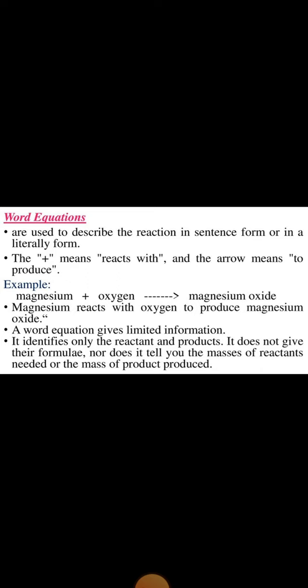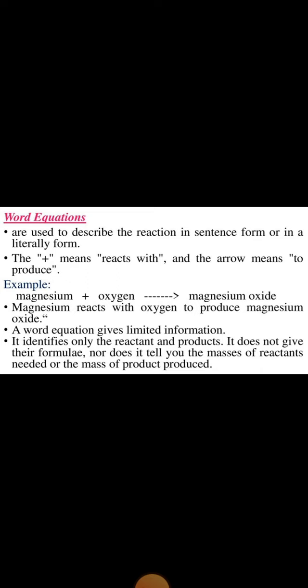Now here you can see, when we do any chemical reaction, a chemical reaction always occurs between two substances. So when we are taking two substances, you can represent them with the help of plus. Plus denotes that one substance is reacting with the other.